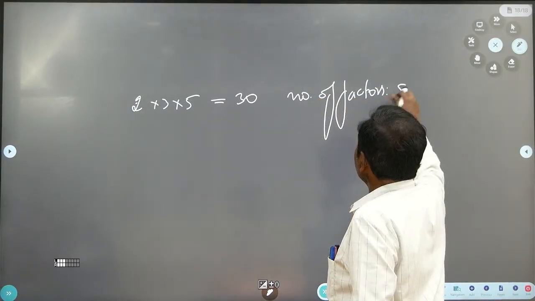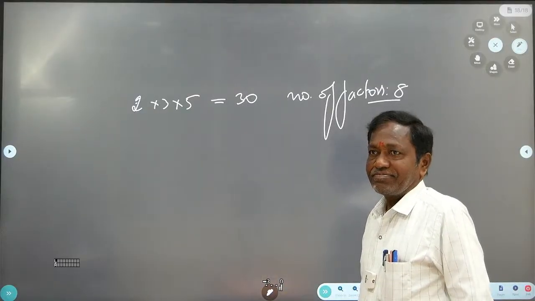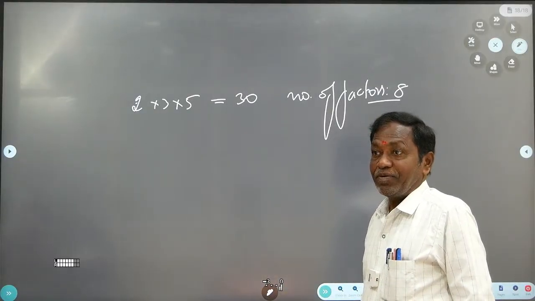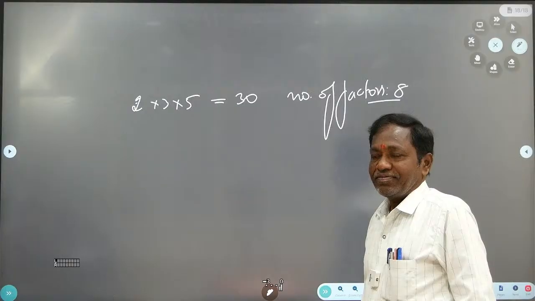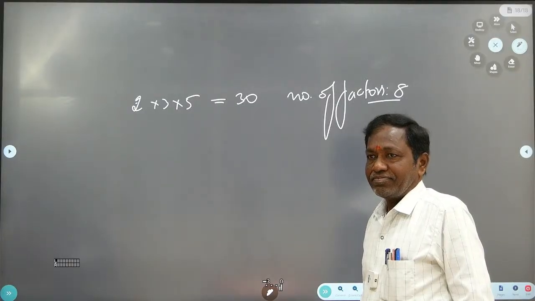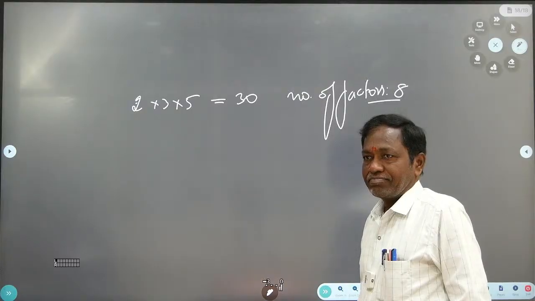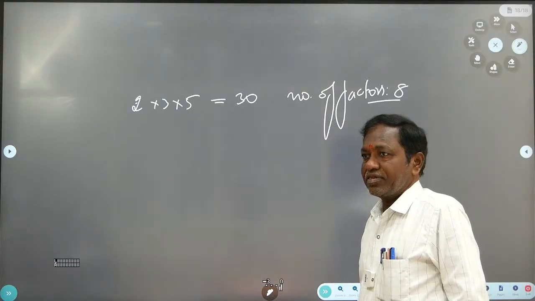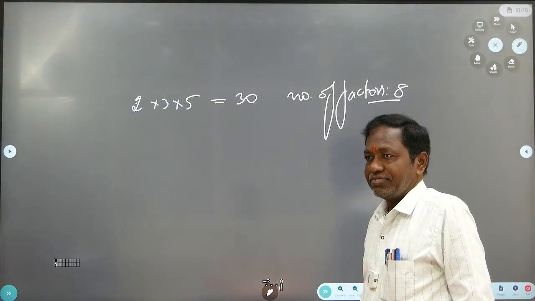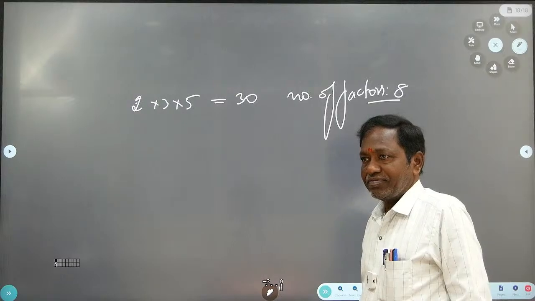The number of factors is 8. How did you get this 8?